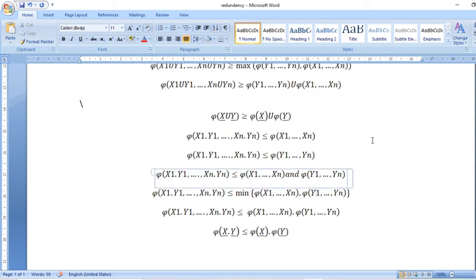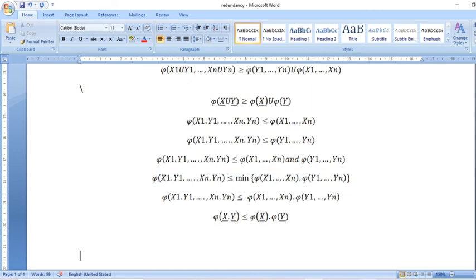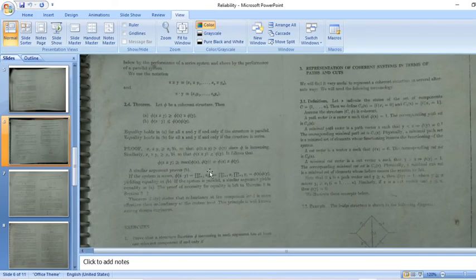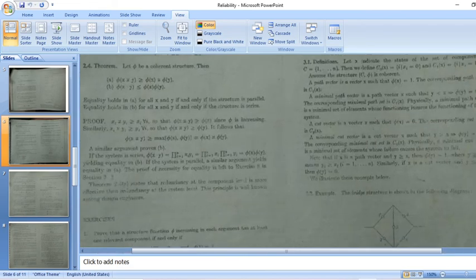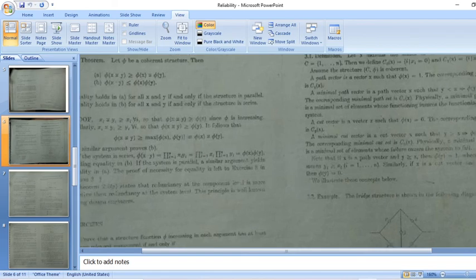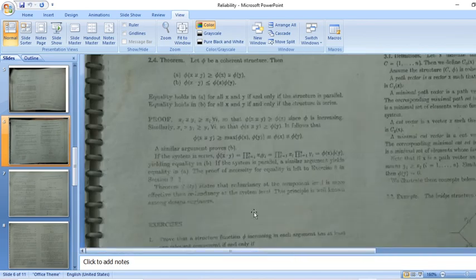As a seminar, you can see that as a special case, when we select a series system or a parallel system, you will get special cases. Equality holds in A for all x and y if and only if the structure is parallel.